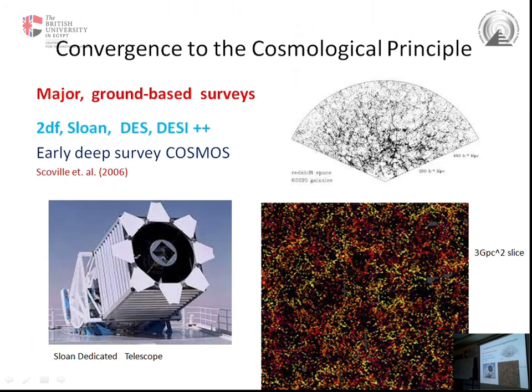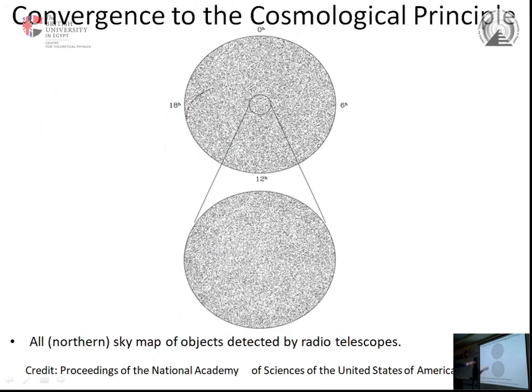Dedicated telescopes don't do everything like normal telescopes, they are dedicated to certain things, making maps. The James Webb, for example, does almost everything, but its field is small. It cannot make maps easily. These are for mapping. And this is the really large scales all-sky radio survey project. Every one of these things is a galaxy, and you can see the homogeneity really clearly coming out.